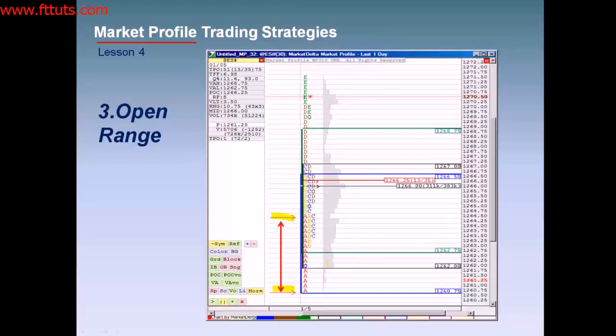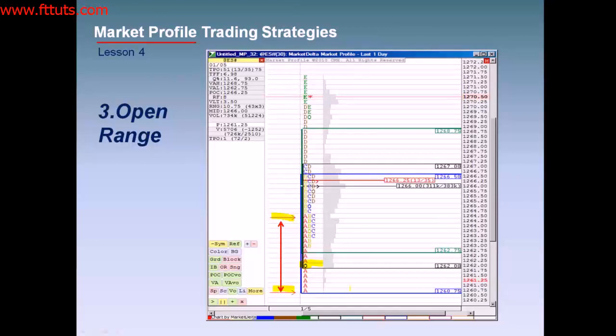First of all, we need to be able to identify the open itself, and the open was at 1262, exactly at 1262. Now, prices dropped from the open, and they also went up. So the range encompasses the entire movement, not just from open to close, but every single price that was printed during that first half hour.